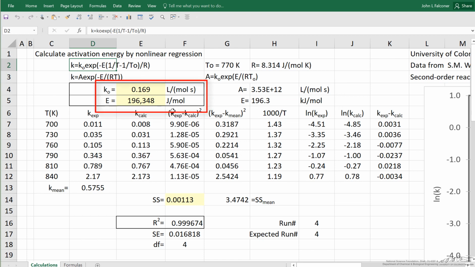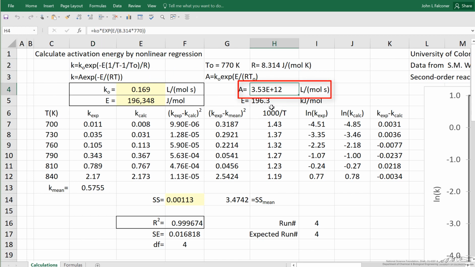I then can calculate the pre-exponential factor, 3.53 times 10 to the 12th, from the formula here. And I've written the activation energy in kilojoules per mole since that's the more common way.